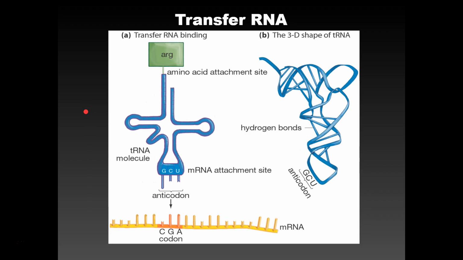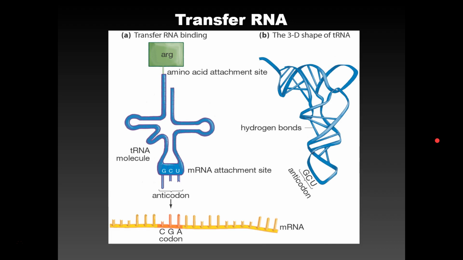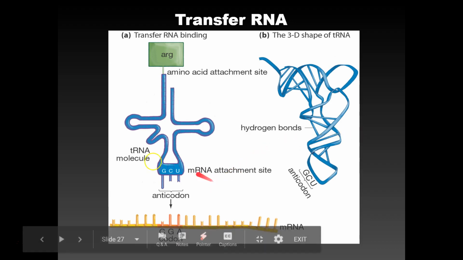So as I've talked about a few different times, mRNA has these codons. It has these three-letter pieces that specify a particular amino acid. We even talked about the table and how to read those. And so this one is GCU here, specified by this piece of mRNA.